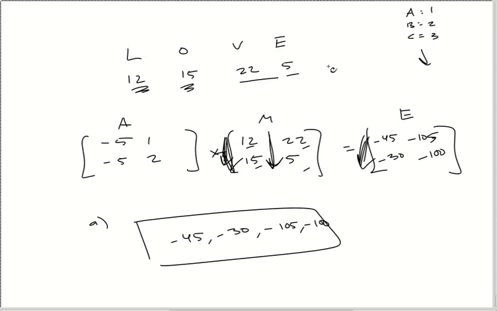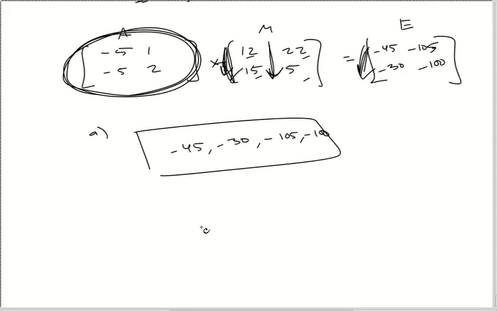Rather, they're just the word love. And the only way that the person can actually see all that is if they likewise have this encoding matrix thing. So if both of the people have that same matrix, they can both encode and decode what's going on.